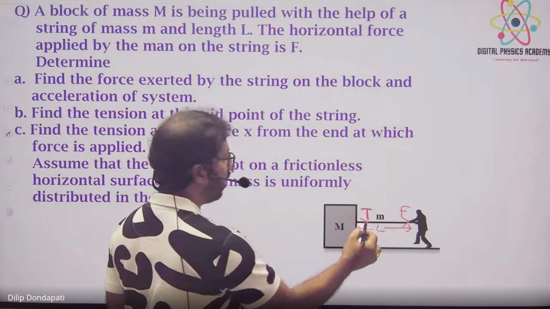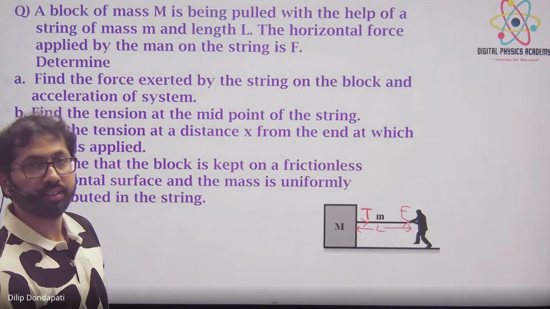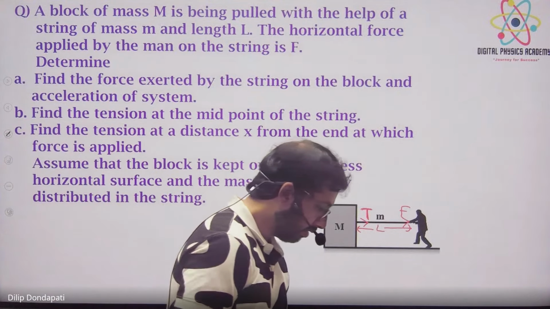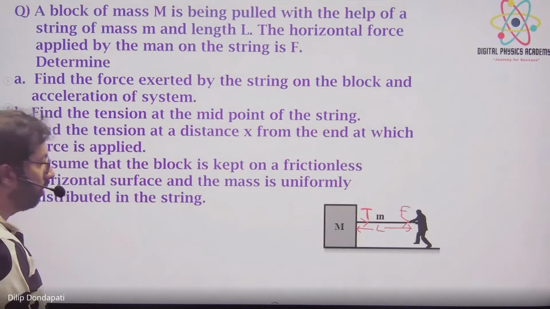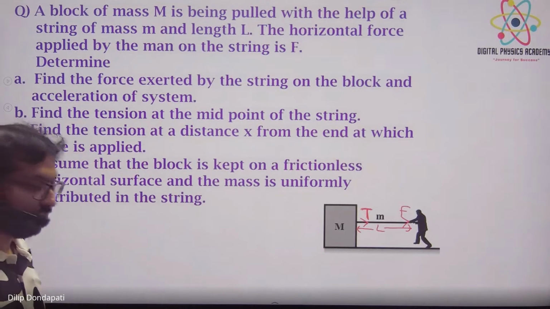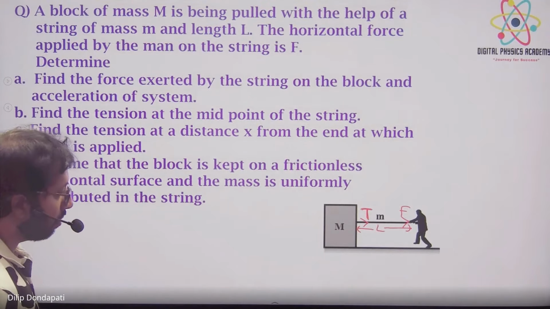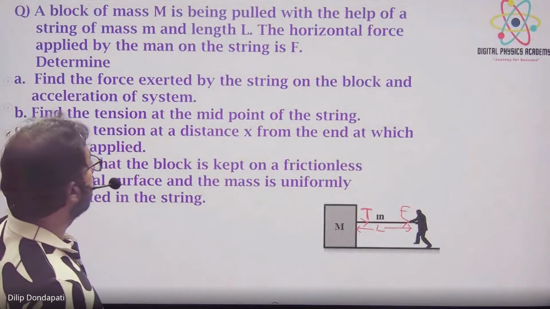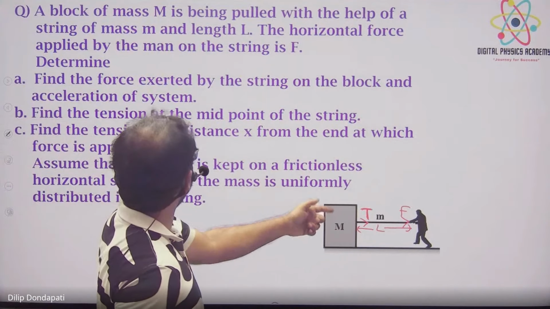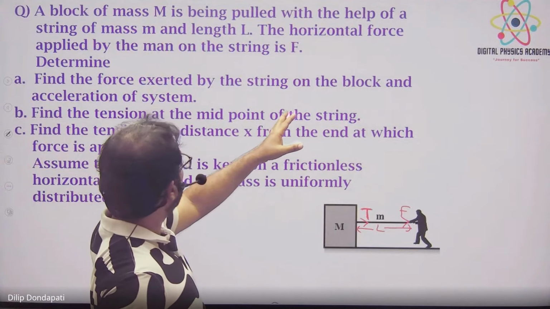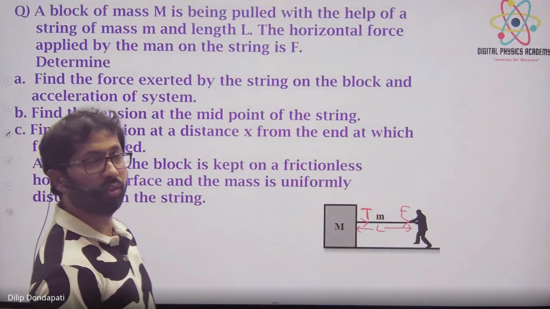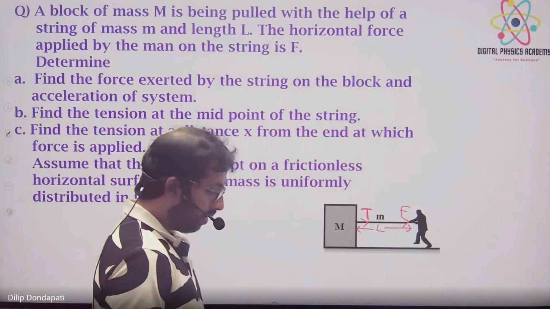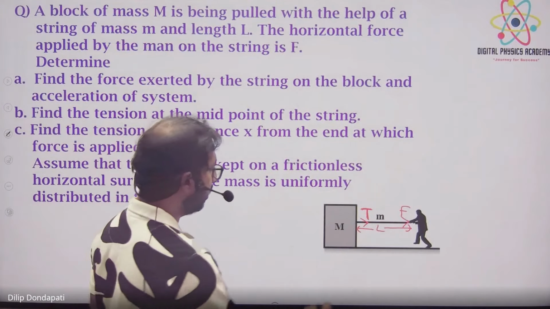Tension force is being asked directly. Solve. We need tension in terms of capital F. This force exerted by the string on the block is the tension force on the block, and it moves with this acceleration, right? Sir, F is not tension.